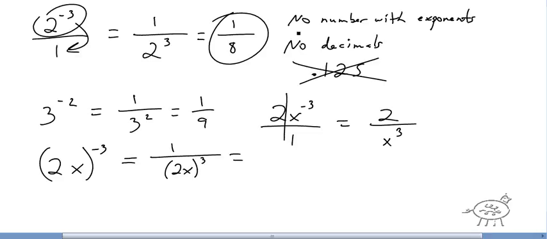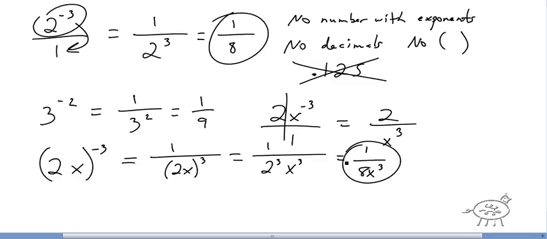Your answer will have no numbers with exponents, no decimals, and no parentheses. So this is not appropriate either, and you need to show a little work here. It's like saying 2 cubed times x cubed. So my answer is 1 over 8x cubed. That's it. So no numbers with exponents, no decimals, no parentheses.